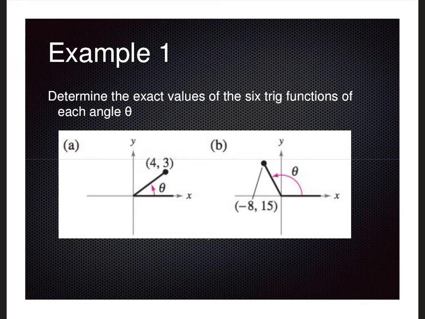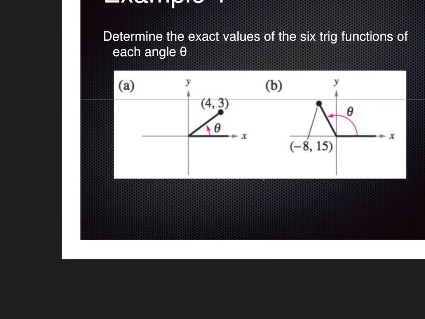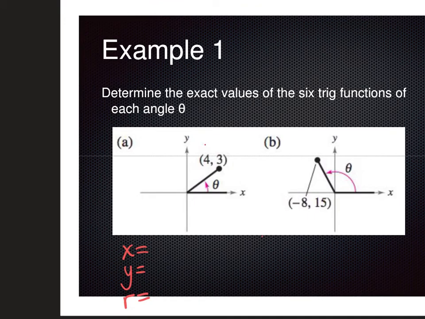Examples. We got this. All right, we're going to do 4 examples. 2 of them are going to give us pictures, 2 of them are not. But the pictures don't matter, because I need 3 pieces of information. I need an x value, I need a y value, and I need an r. They're always going to give me the x and the y. How do you find the r?